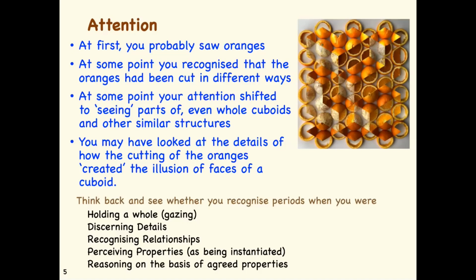And you might even have noticed yourself reasoning on the basis of agreed properties, but that's quite difficult in this situation. These are different ways of attending, and so not only is the focus of what you're attending to matter, but also which of these ways you are experiencing, and you can switch back and forth between these very rapidly.